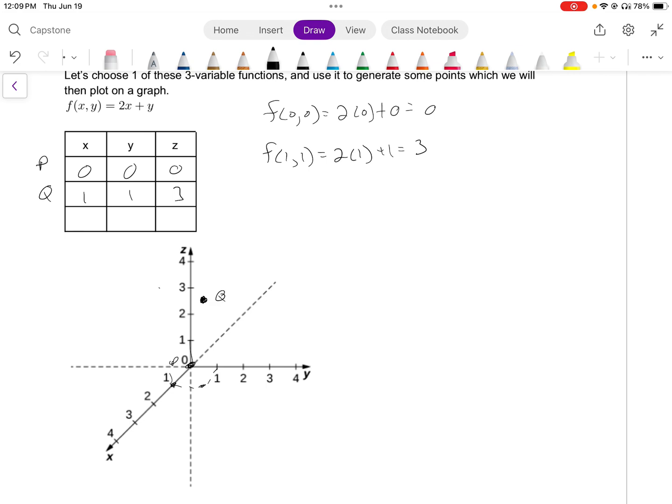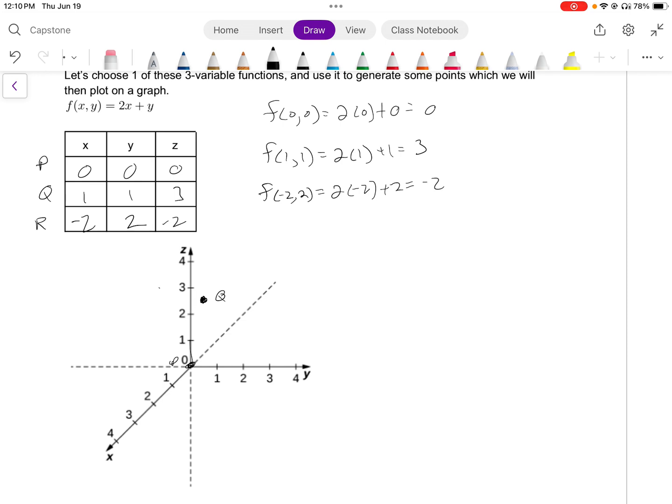Now let's find some more points. Okay, let's go with -2 and 2. F of -2, 2 equals 2 times -2 plus 2. That's going to be -4 plus 2, which is -2. So we've got -2 here.